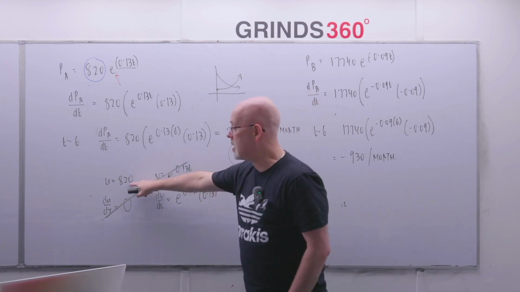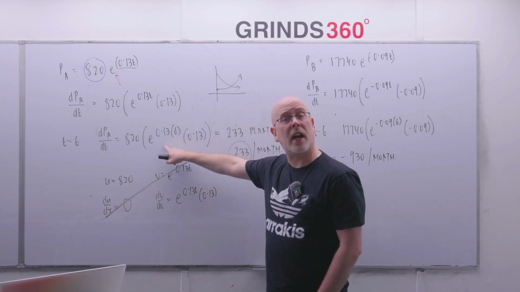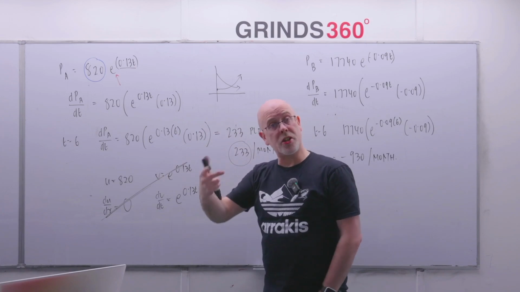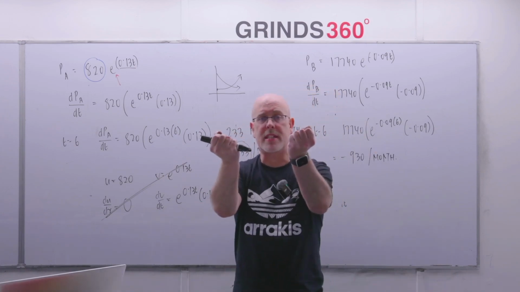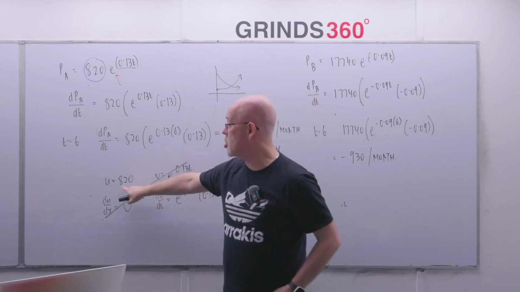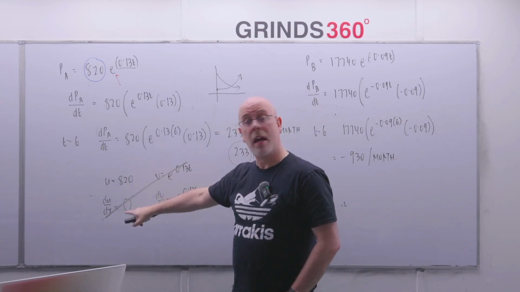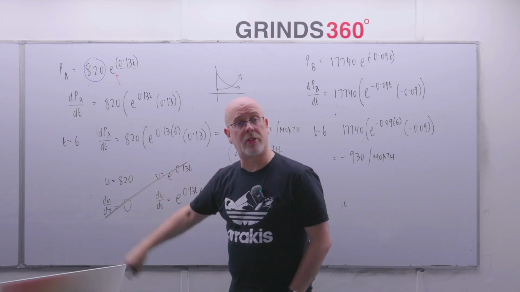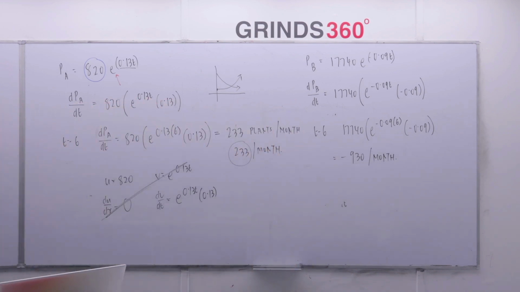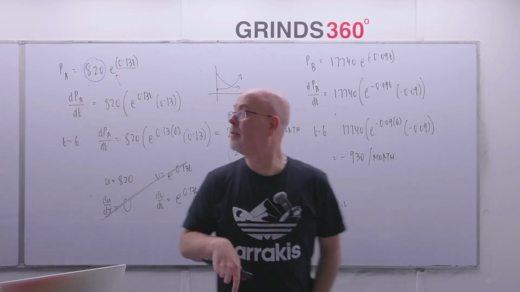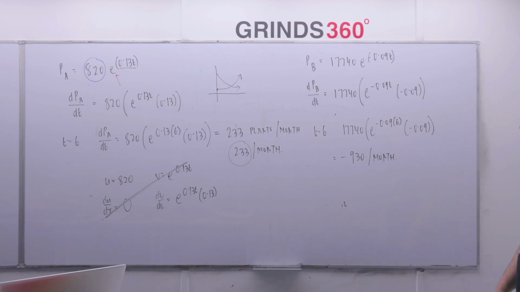I just get 820 times this, which is what I got anyway. So if you did use the product rule, it'll get you the right answer, but you don't need to use the product rule when it's two things multiplied together and one of those things is just a number. Because when you differentiate the number, this part of the product rule will disappear. Does that answer your question? That okay?